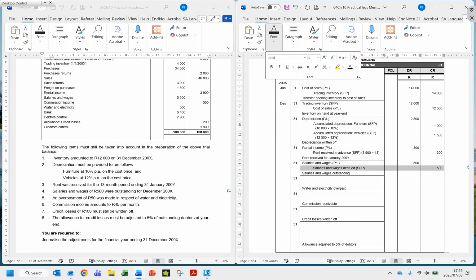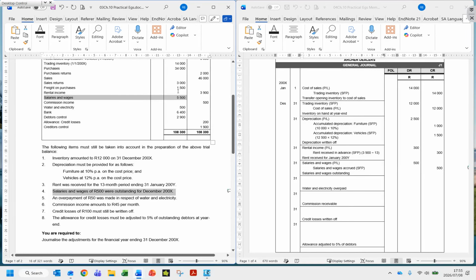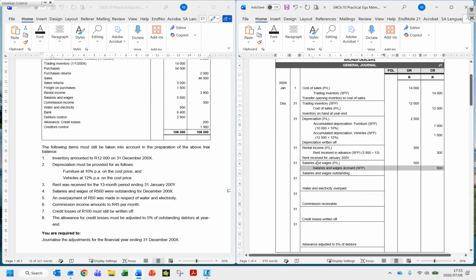So we call it salaries and wages accrued. And then this other account that you create is always a statement of financial position item. And because you credit this account, it will fall under current liabilities in the statement of financial position. And we credit that account with 500 Rand. So if you check your salaries and wages balance, it was 5,500 Rand. You've increased it by 500 Rand. It is now the 6,000 Rand, which is the total expense for the current year.